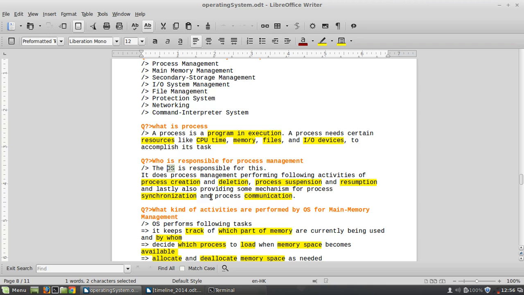Lastly, it also provides mechanisms for the process, like process synchronization and process communication.